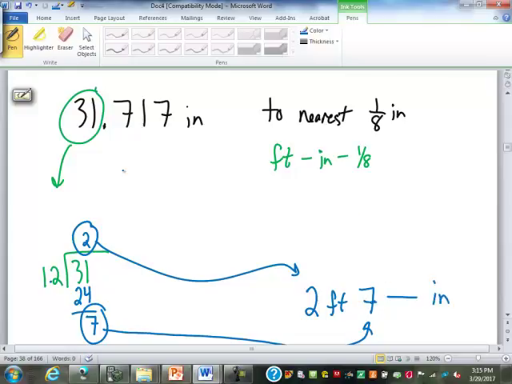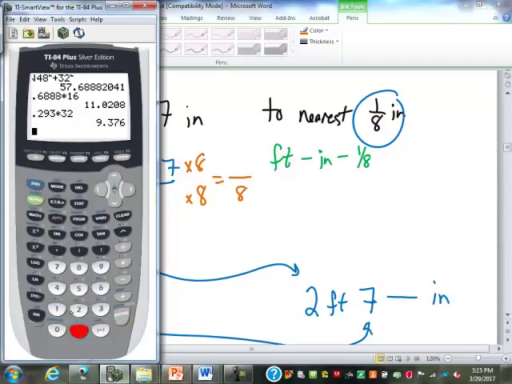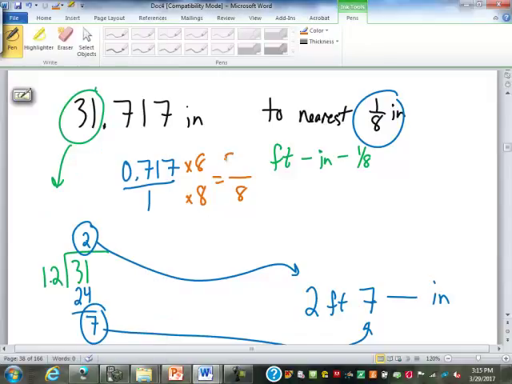So now I still have the .717 here that I have to turn into the nearest 1/8 in this problem. So I put it over 1. What am I going to multiply by? 8. Very good. So 1 times 8 is 8. .717 times 8 is 5.736.